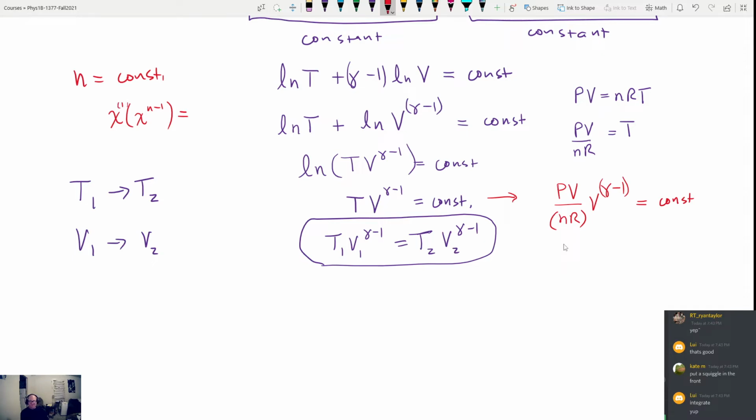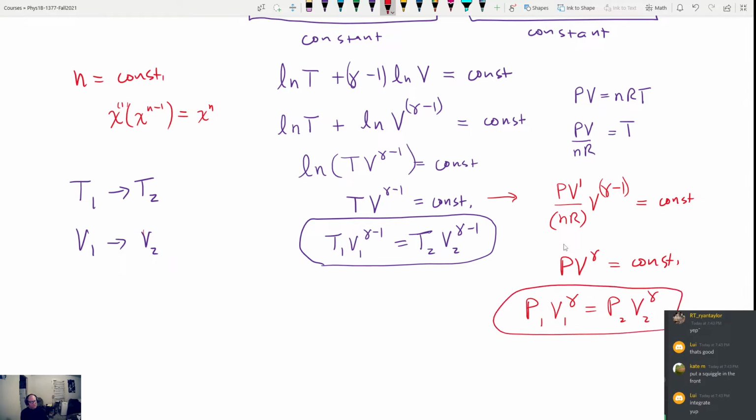You add 1 plus n minus 1. So we'll do the same thing over here. V to the 1 plus gamma minus 1 will just be V to the gamma. Then we absorb everything into the right-hand side. So we get PV to the gamma is a constant. And we can turn that into an equation: pressure 1, volume 1 to the gamma is equal to pressure 2, volume 2 to the gamma.